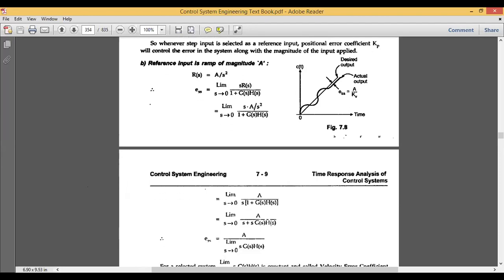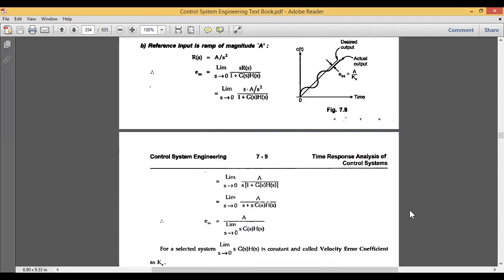Now we can open the bracket: A divided by s plus s into G of s into H of s.